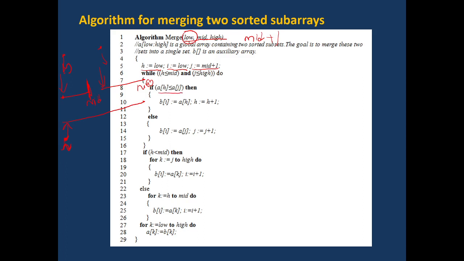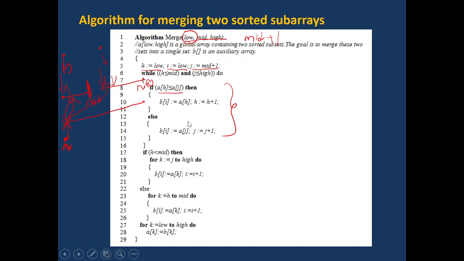If A of I is smaller, we will put the A of I in the Hth location of the second array and we will increment the I. If the Jth element is smaller, we will keep the Jth element in the second array and we will increment the J. So that is happening here. Whichever element is smaller, that will be put inside the answer array and that index will be incremented.